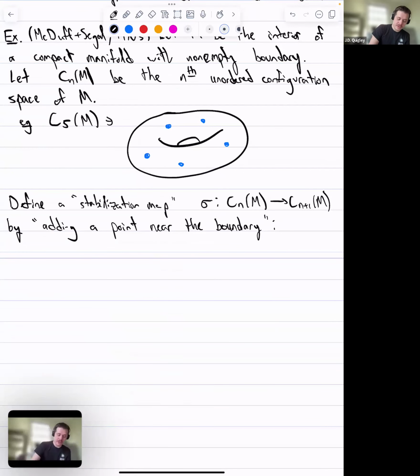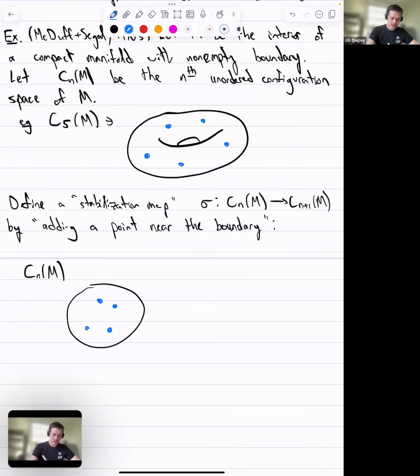So the picture here is maybe I've got a configuration of n points in M, and let me make M a little bit simpler now. So I've got some points like this. And let's say the boundary of this bigger manifold, which M is the interior of, is over here.